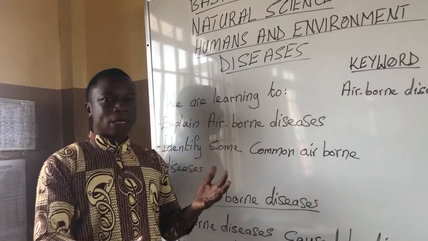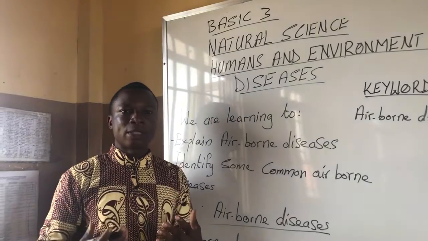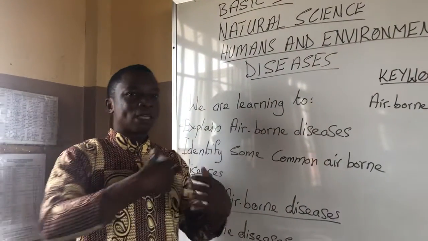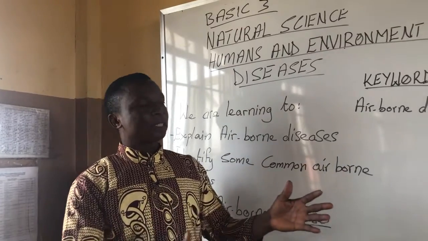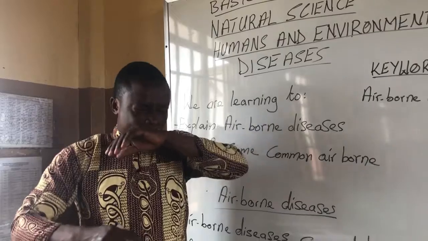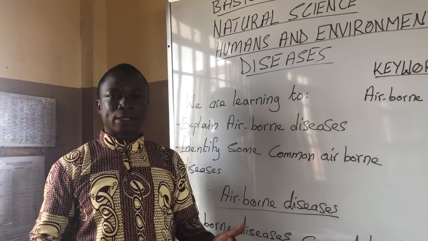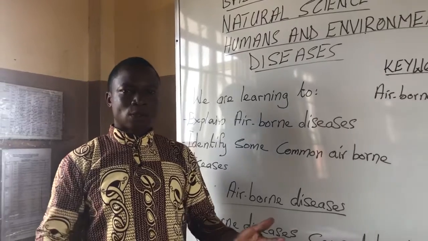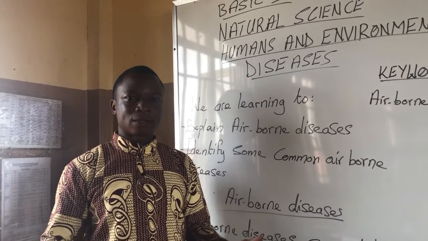Air too is coming out as well. So if I have any form of airborne disease in me, that means I will be transmitting it through the talking that I'm doing, the sneezing, coughing, all these things.